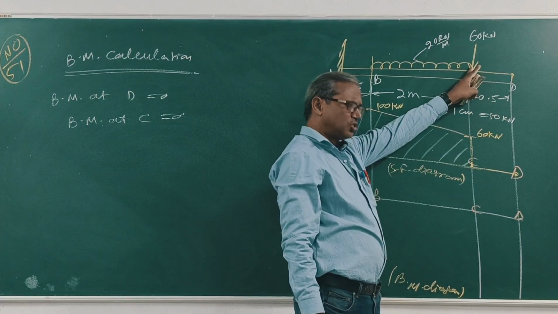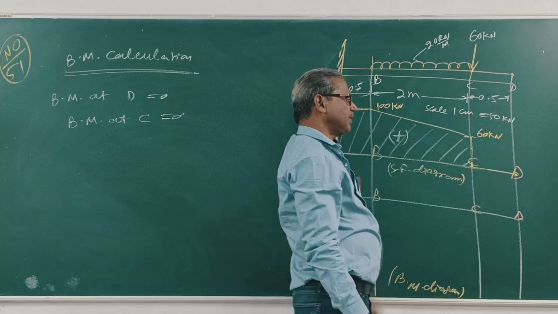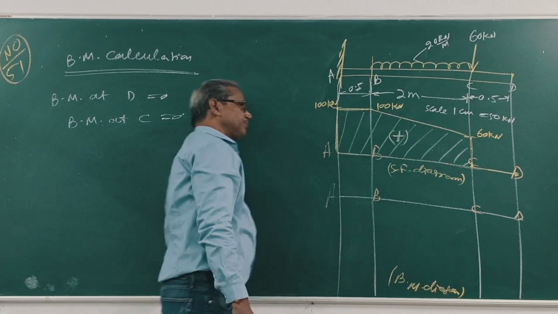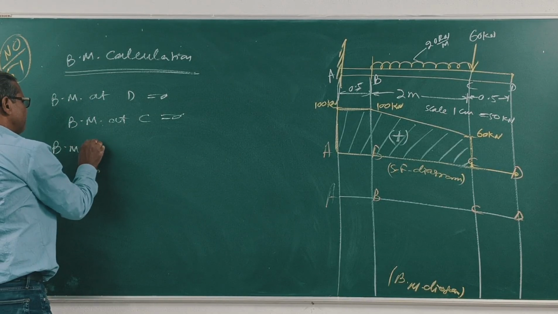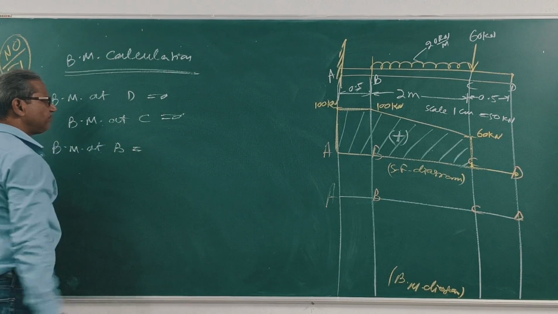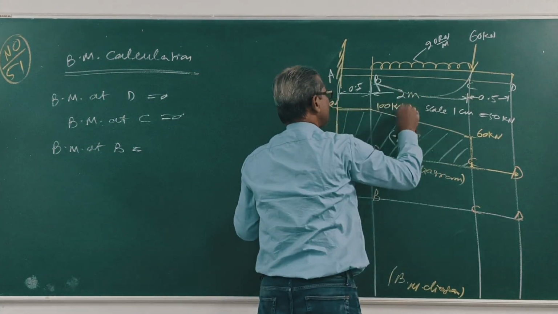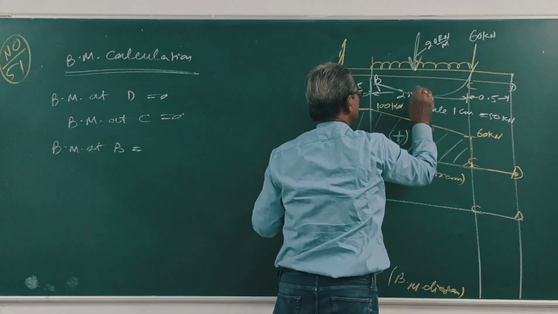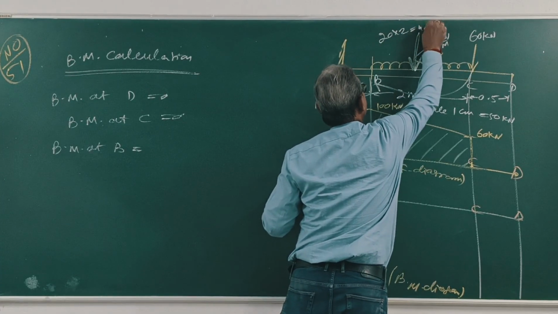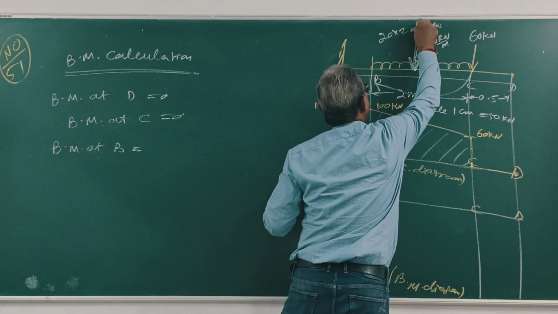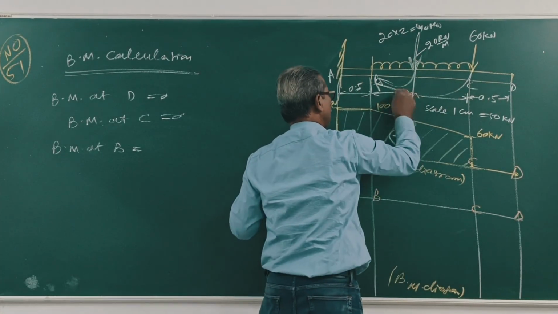At C, the load of 60 kilonewton is acting, so we calculate for B. So when you want B, 60 into 2, plus 20 into 2, that is 40 kilonewton, into 2 by 2, 1.